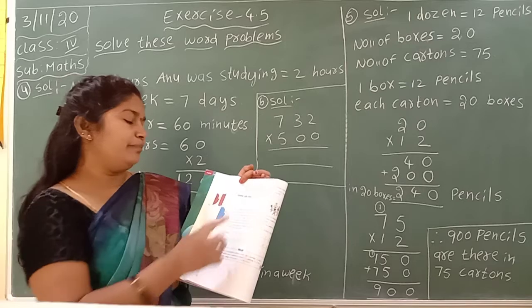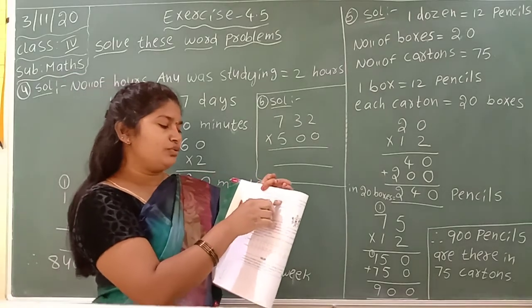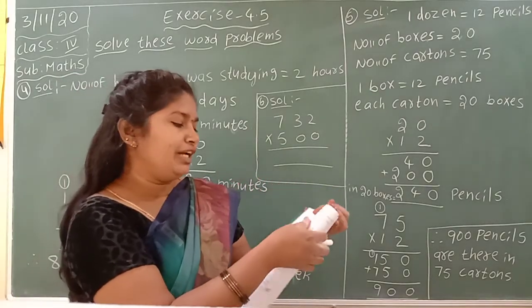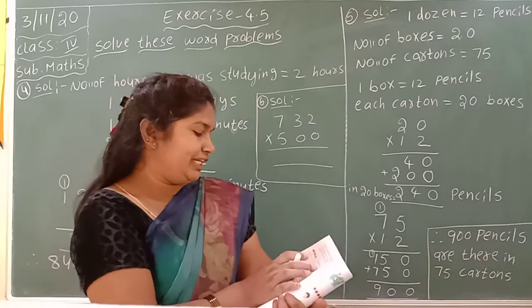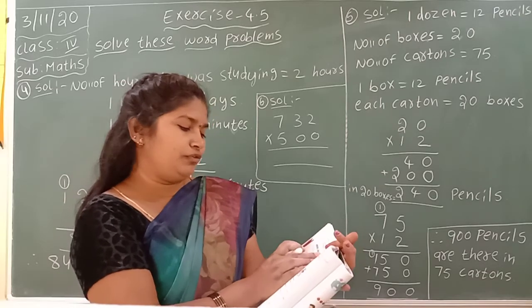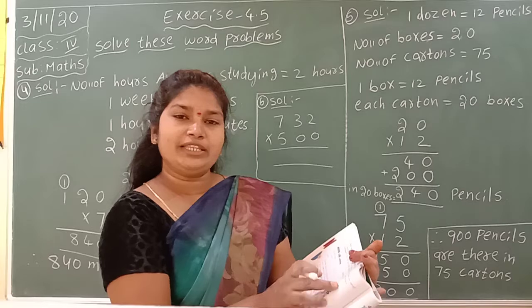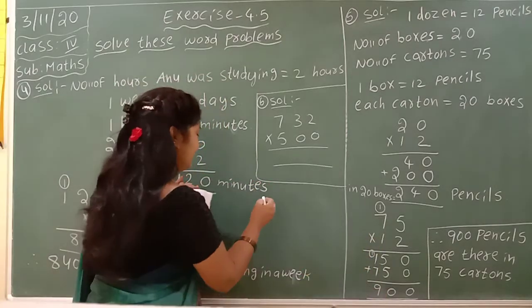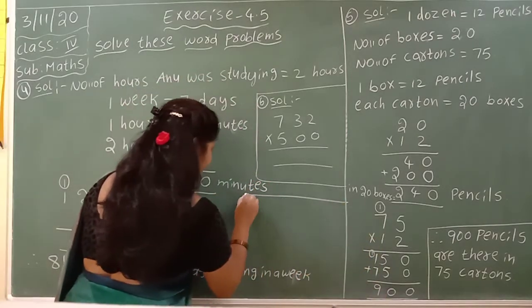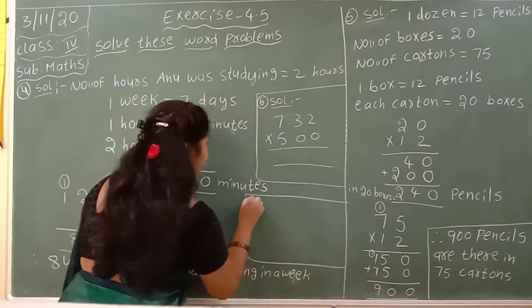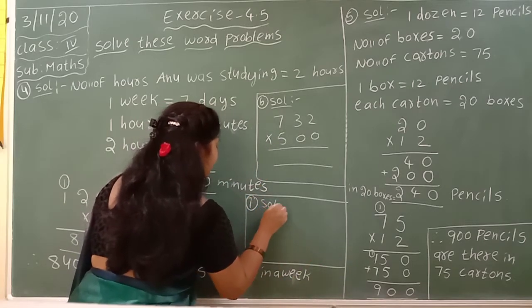Next, the seventh one. A group of 248 students of a school went for a picnic. If each student contributed 250 rupees for the trip, find the total amount collected. Here also, seventh solution.